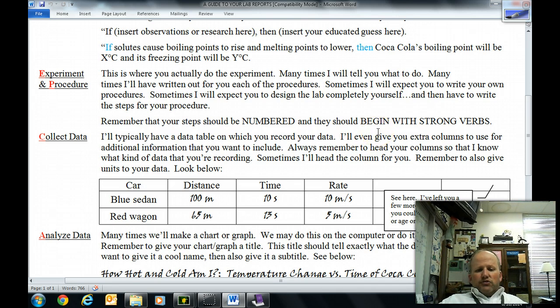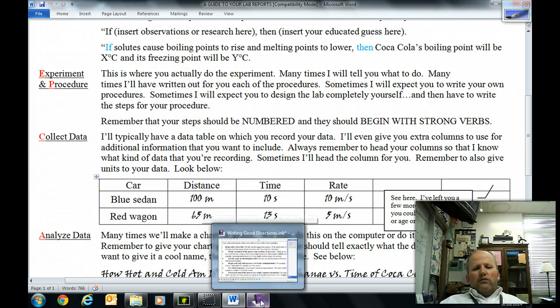Remember that your steps should be numbered in order and that they should begin with a strong verb. These two things right here are probably the two most important things about writing a procedure. But of course, like with the other things we've already done, I do want to go a little bit more in detail to talk about how to write a good procedure.